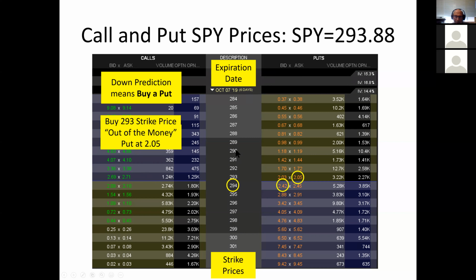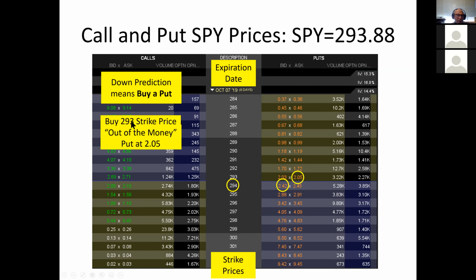By the time I get down to 290, it's worth half as much because it has no real intrinsic value. Here, a put of 295, you can see the prices go up. So the word intrinsic value, you don't really even need to know any more than that, you can just look at the prices.